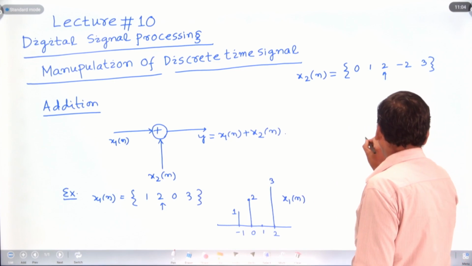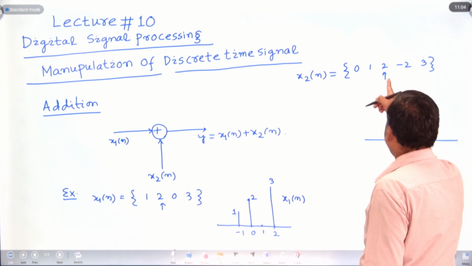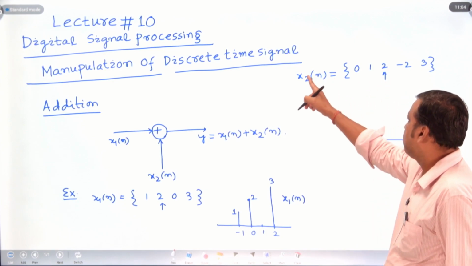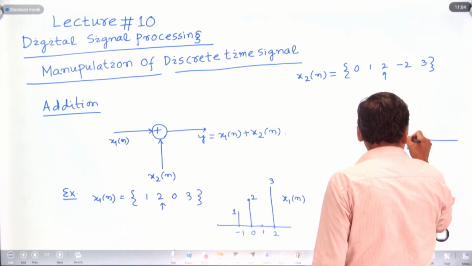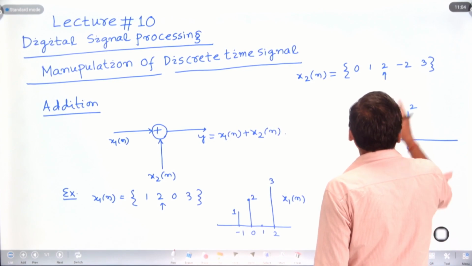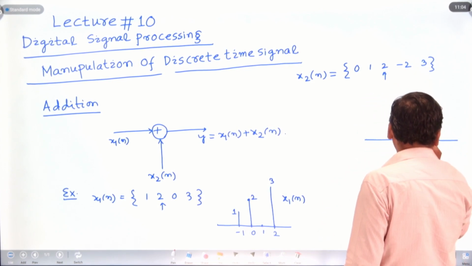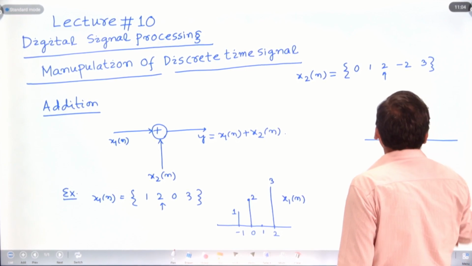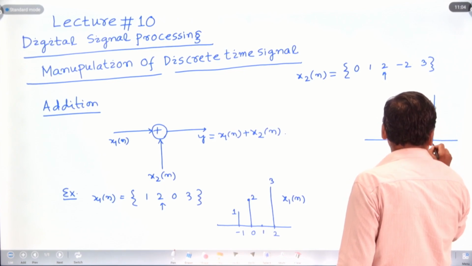As far as graphical representation is concerned, for n equal to 0, the arrow mark indicates n equal to 0, x2 of 0 is 2. Similarly, for n equal to 1, x2 of 1 equal to minus 2. For n equal to 2, that is 3.